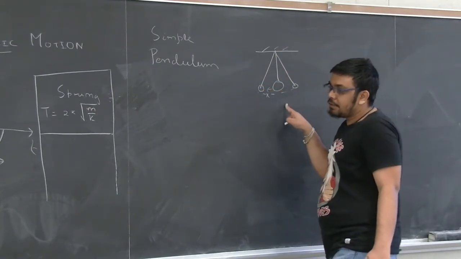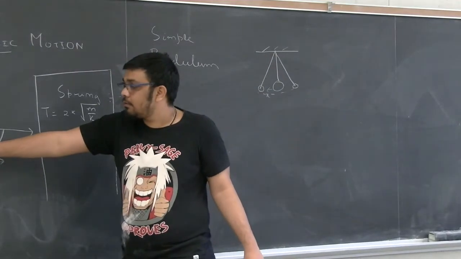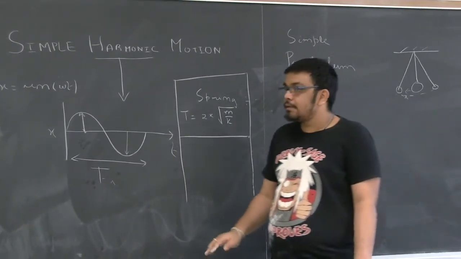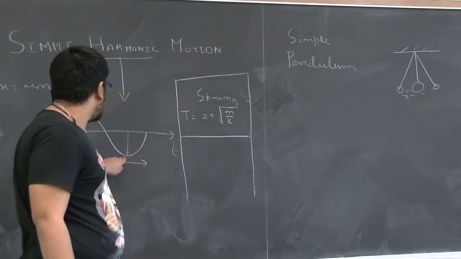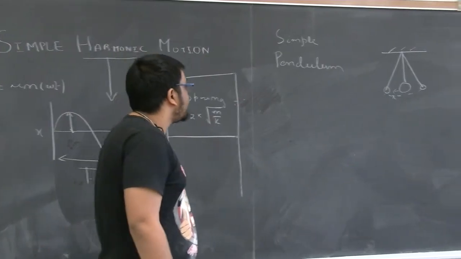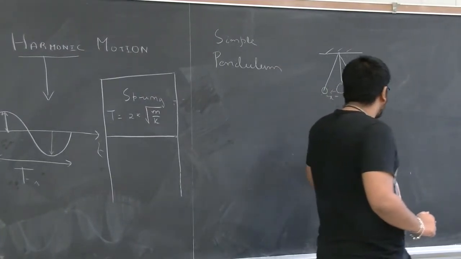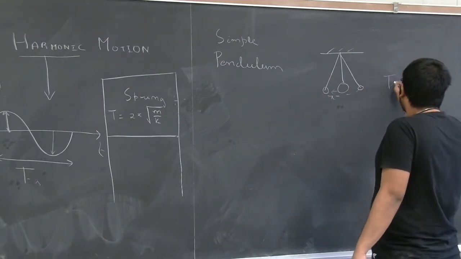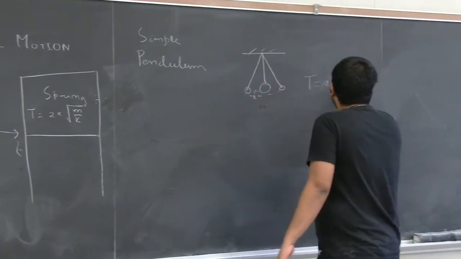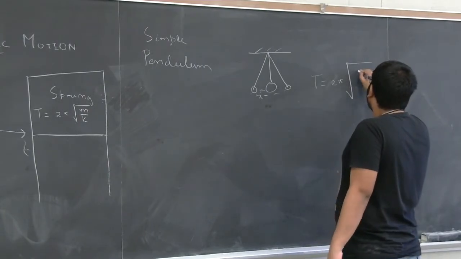So again we have an oscillatory kind of motion where the position first increases, reaches a maximum, then decreases, reaches a minimum, which is negative, and then again goes back to zero. So it will also be a simple harmonic motion, and the period for the pendulum is given by 2 pi root over L by g.